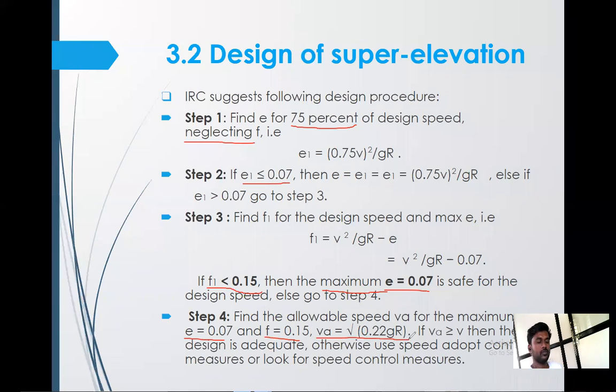Okay, write down the steps. Write down the design steps for designing the super elevation.